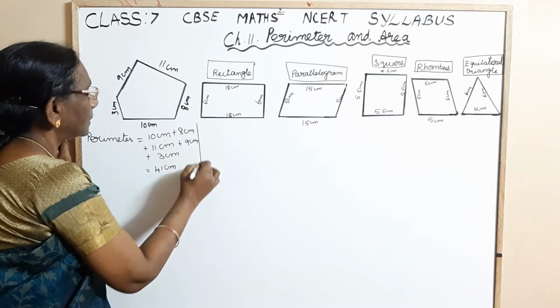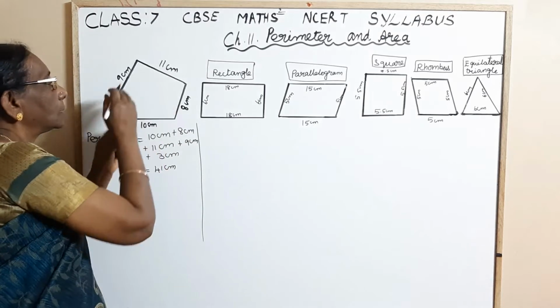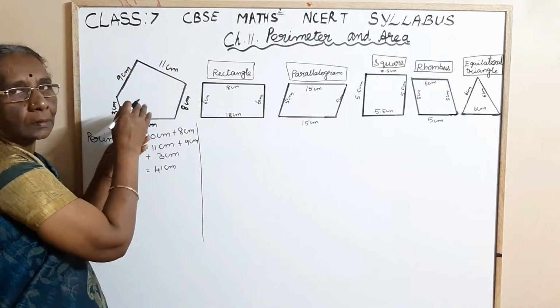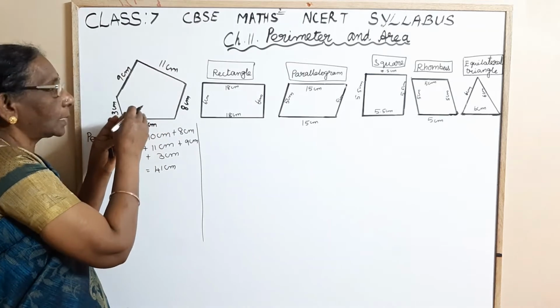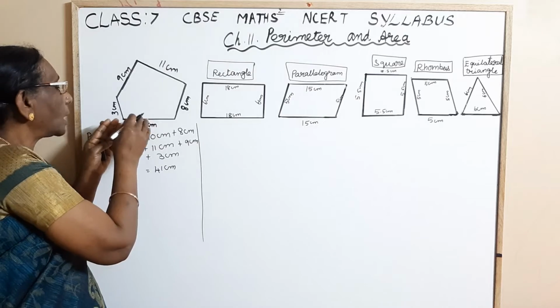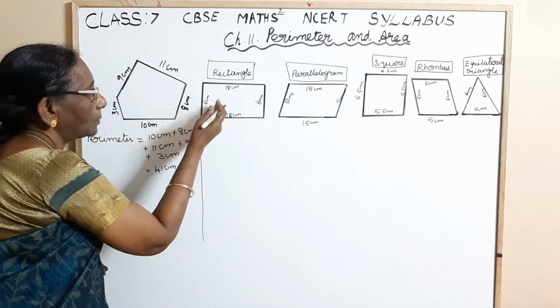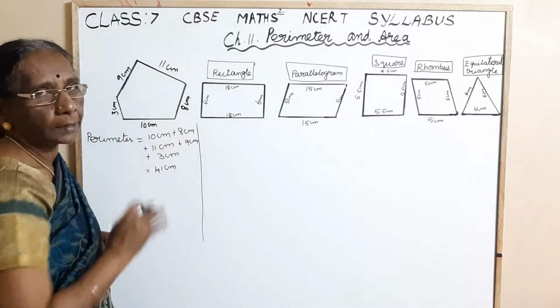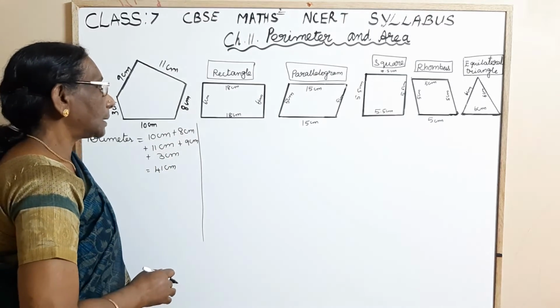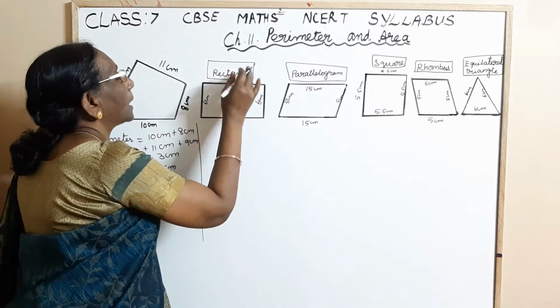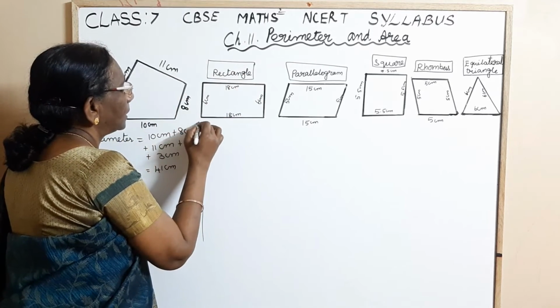Since the sides are not equal, it is not regular, therefore we have to add the length of all the sides. Now let us come to this shape. This is a rectangular shape. Isn't it, children? Now let us find the perimeter of this shape.